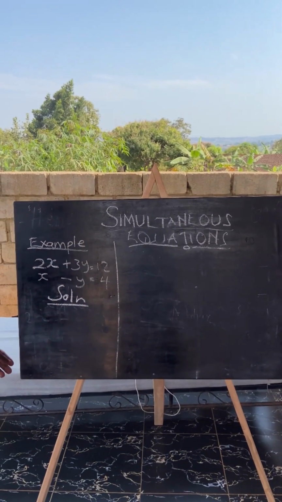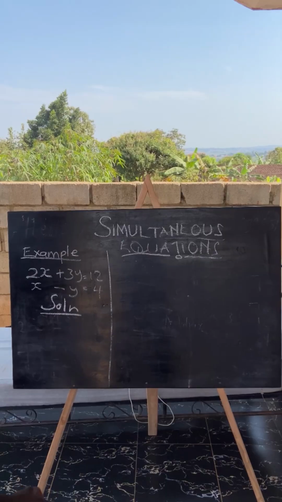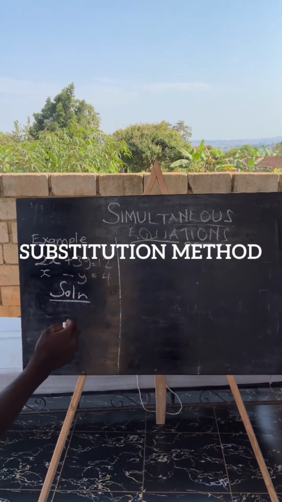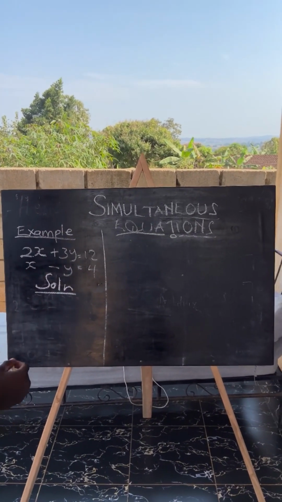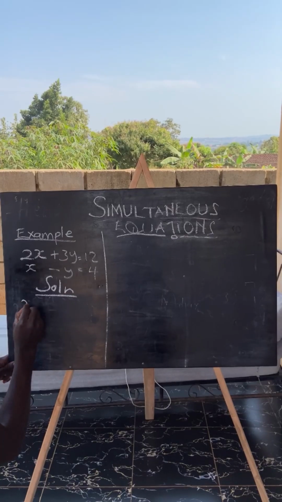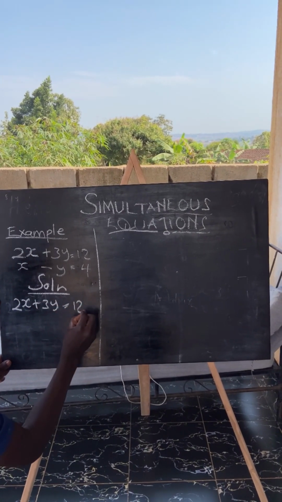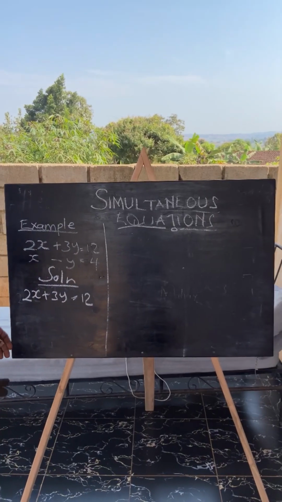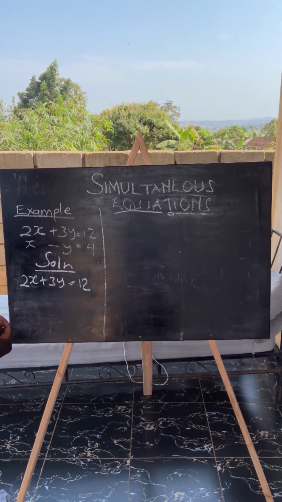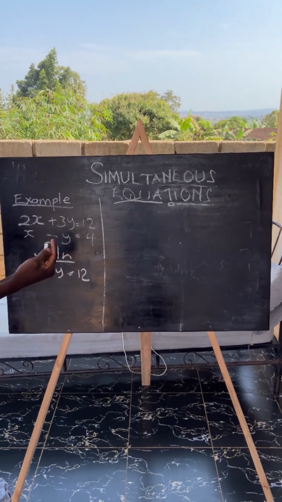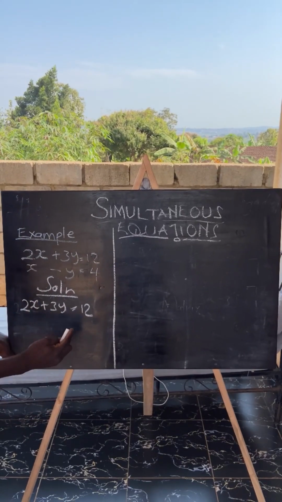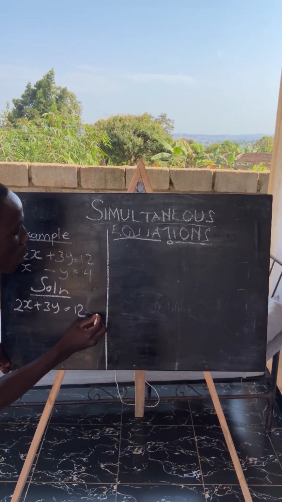So if we are using a method of substitution in order to solve this simultaneous equation, we rewrite it as 2x plus 3y equaling to 12. If we are substituting, we will make this our equation 1.